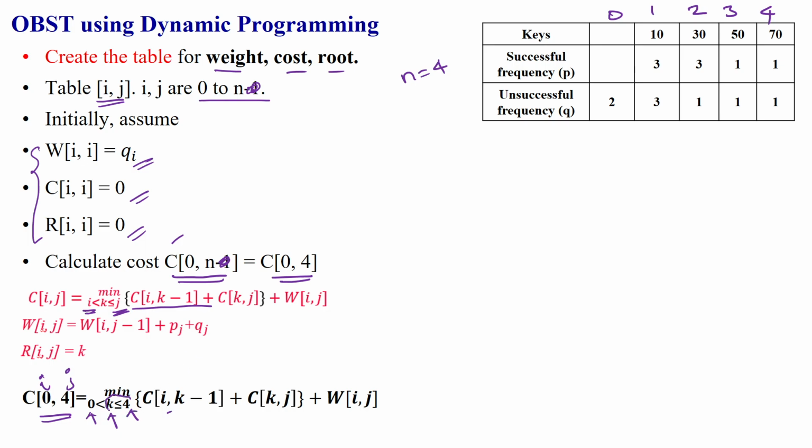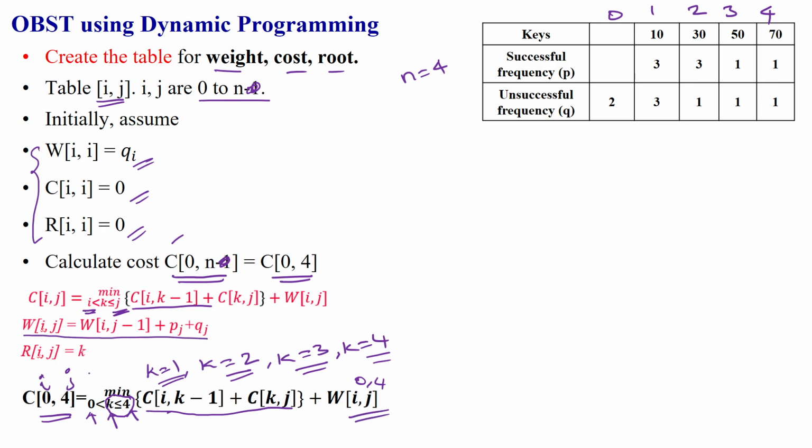So k is having 4 possibilities: k equal to 1, k equal to 2, k equal to 3, k equal to 4. So for 4 k values, we have to identify c of i comma k minus 1. Initially we will calculate for 1, then for 2, then for 3, then for 4. Then w of i comma j, here 0 comma 4, we can identify with this formula, right?